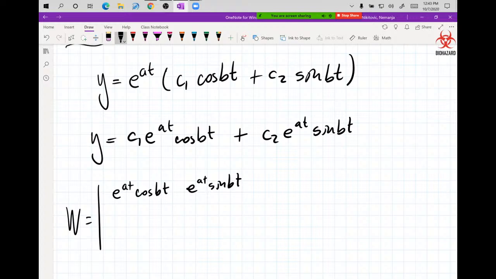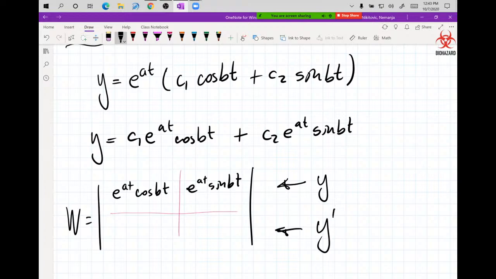And here is going to be the derivative, which is the product rule. You're not supposed to put this in a matrix, but I want to have the row for functions and the row for derivatives. There we go.